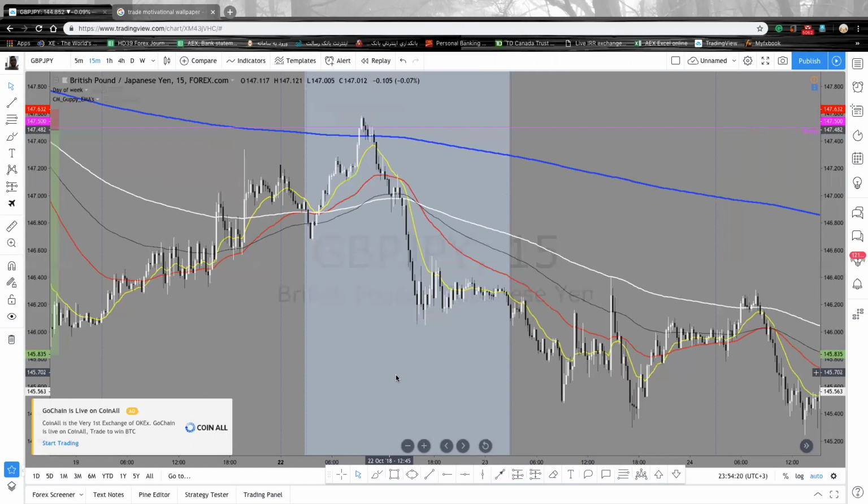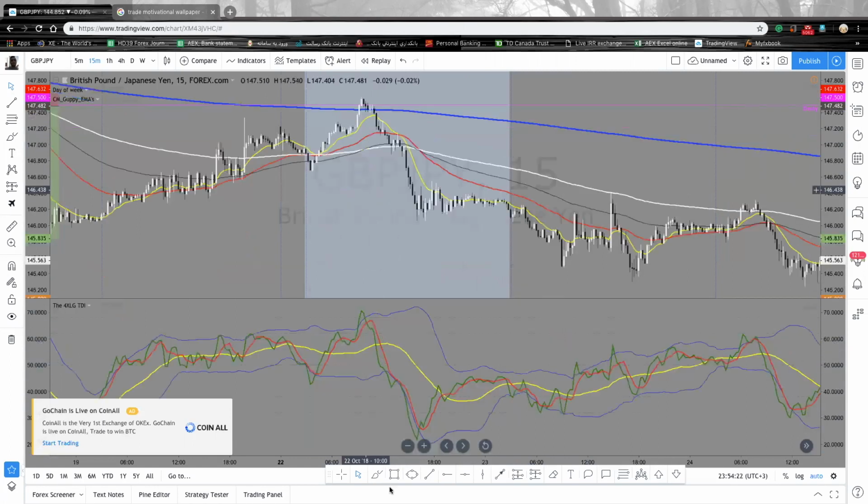Let's see what TDI does here. Okay, interesting. In here, price makes our first leg above and the second leg completely in divergence. That's your information right there.